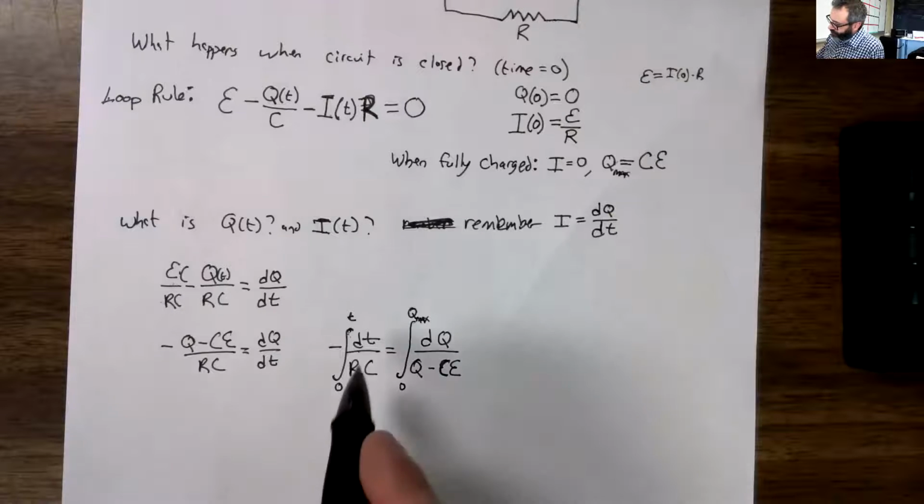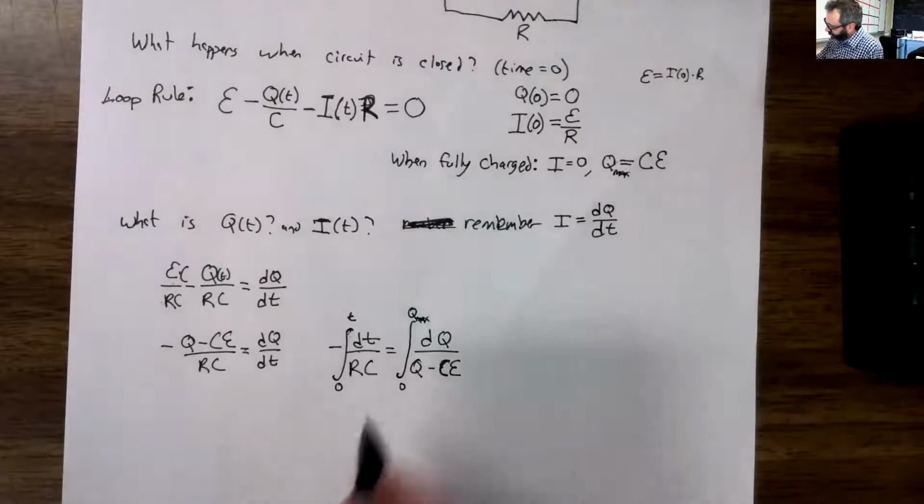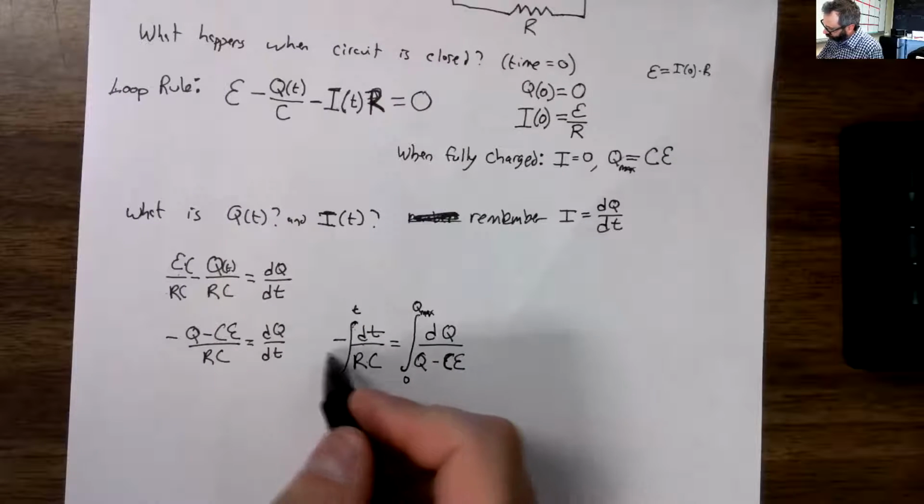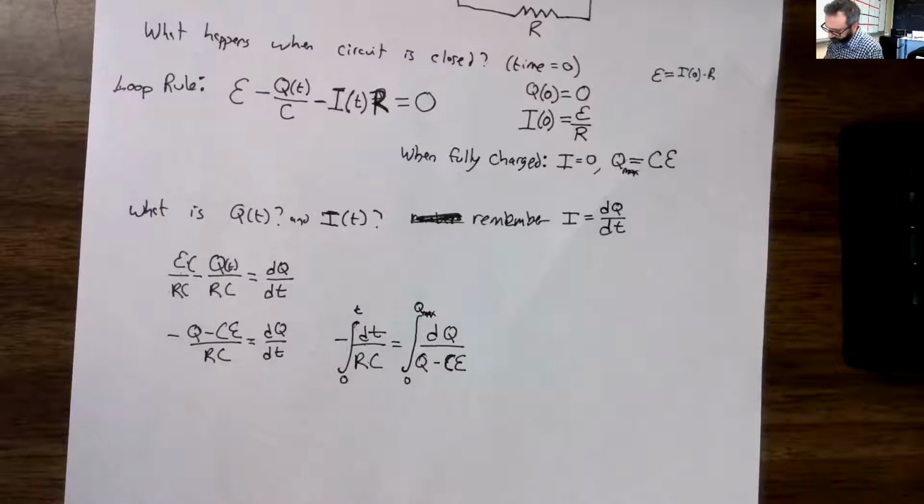Well, what's the integral of dt, right? This is a constant, so I can pull out the 1 over RC. Well, if I was integrating x, what's the integral of just dx? The antiderivative, right?